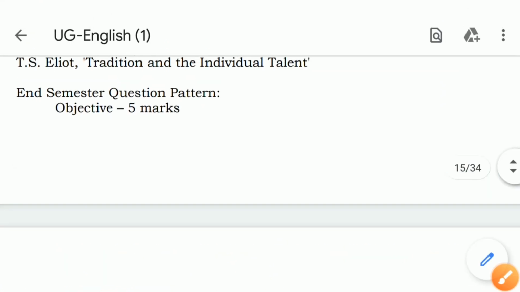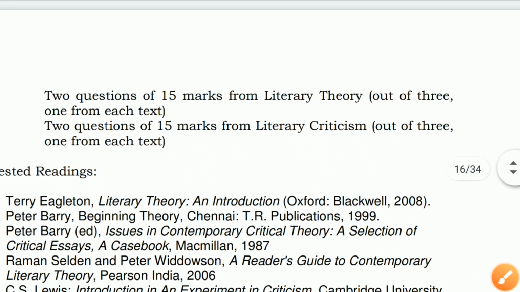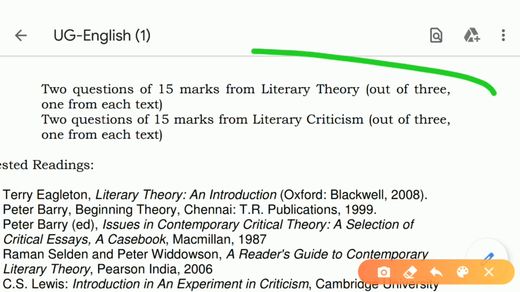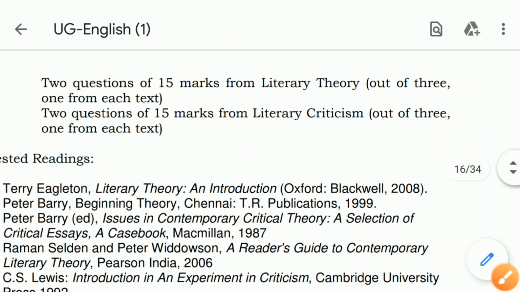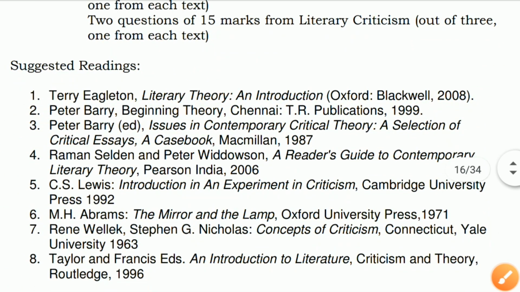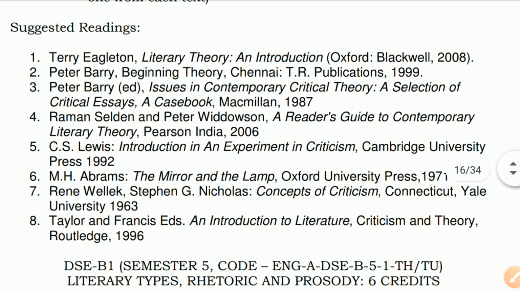You have objective 5 marks, then 2 questions of 15 marks from literary theory out of 3, 1 from each text, and 2 questions of 15 marks from literary criticism out of 3, 1 from each text. So here is a list of the suggested books that you can go through.